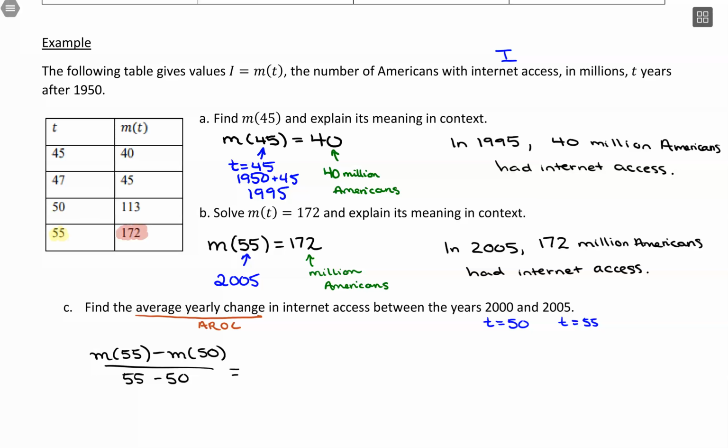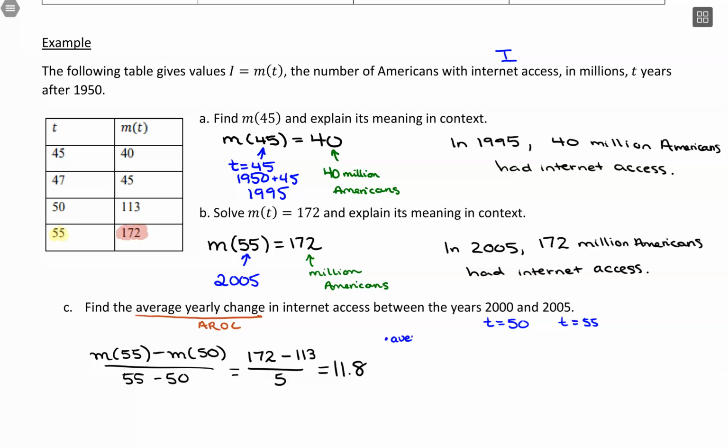So M of 55 is that 172, and then minus M of 50, which is the 113, over 55 minus 50, which is 5, and then plugging that into a calculator, we'll get 11.8. So some pieces I want to take note of.